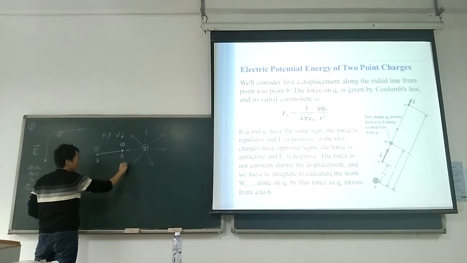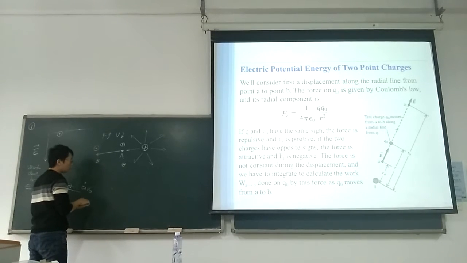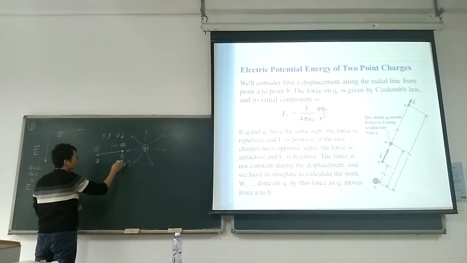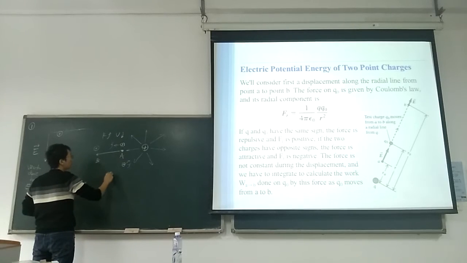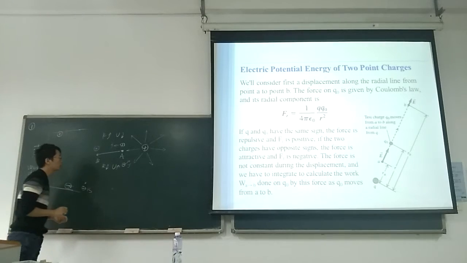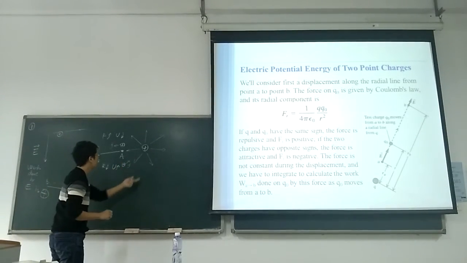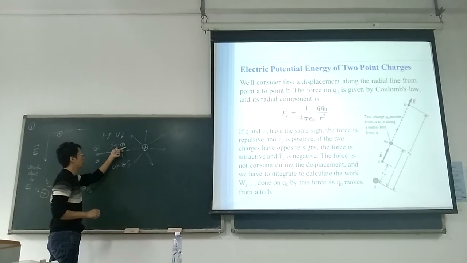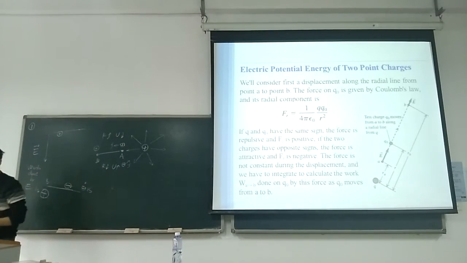However, if it is a negative one, the force between them is attraction. Therefore, when it moves from point A to point B, the potential energy is increased, whereas the kinetic energy is decreased, because the work done by the electric field is negative work if there is a negative charge, and it is positive work if it is a positive charge.